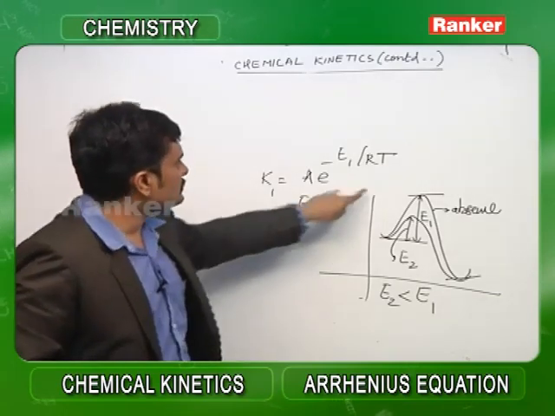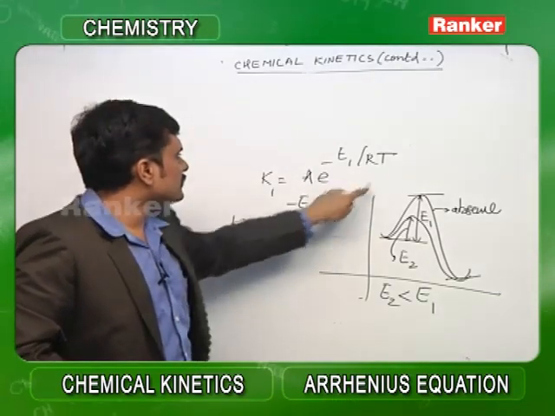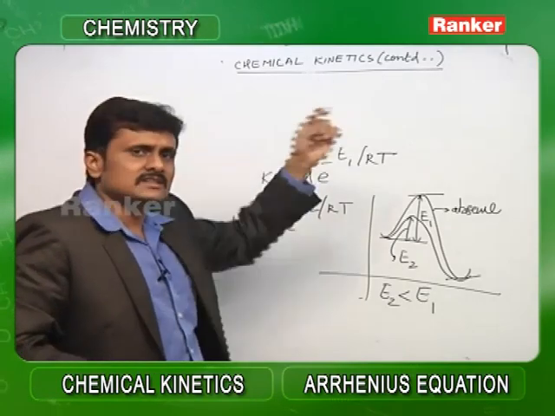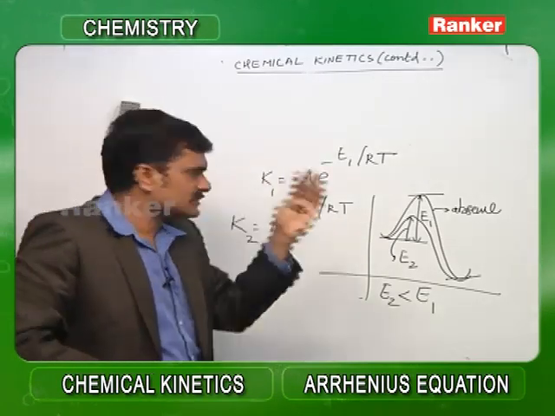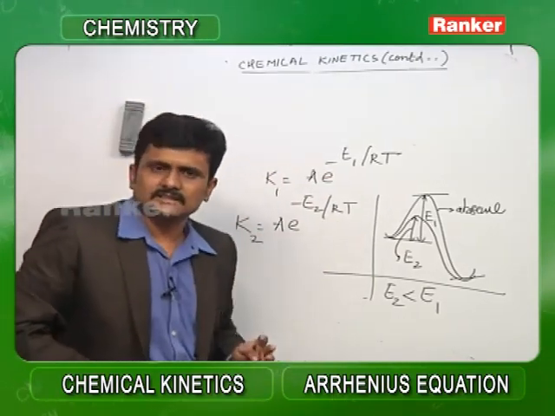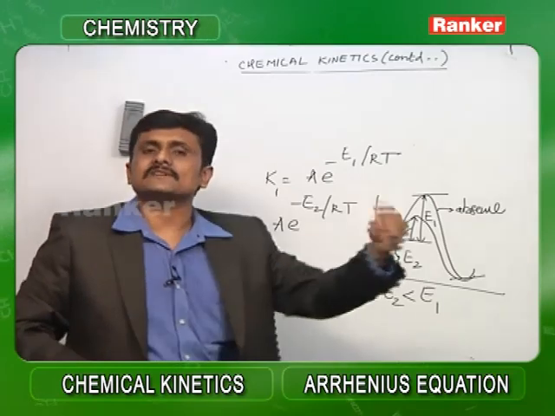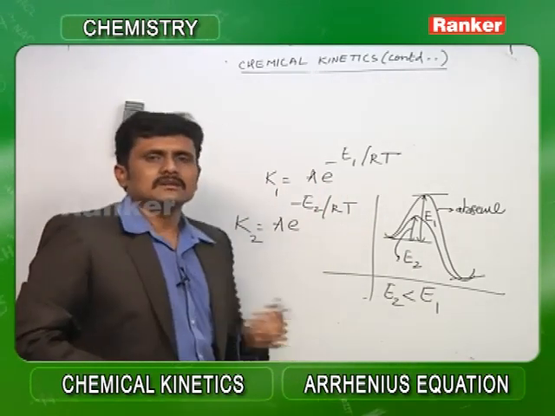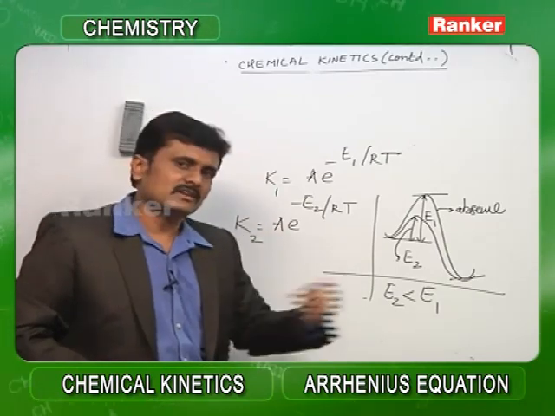We haven't changed the temperature. Without the influence of temperature, we have changed the activation energy. It doesn't mean that we are writing different activation energies for the same reaction. Actually, we are writing different activation energies for different reactions, because every path, every mechanism here is considered as one reaction.